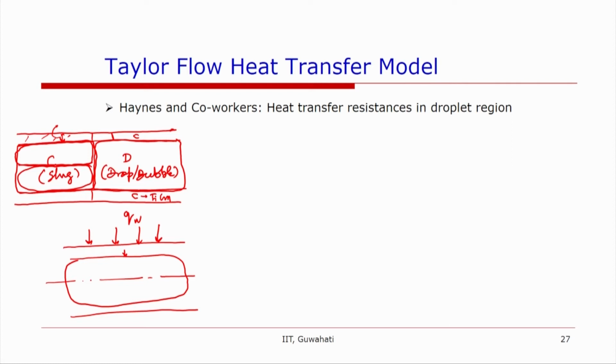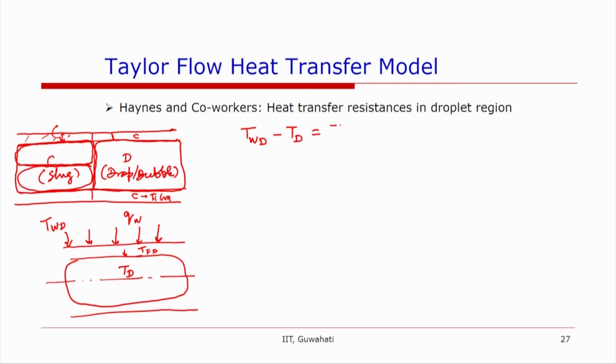So, the temperature difference is T wall in the droplet region, TWD, minus T droplet, which is the temperature of the droplet. This is the film. So, the film temperature we write as TFD, the temperature at the interface between the film and droplet.